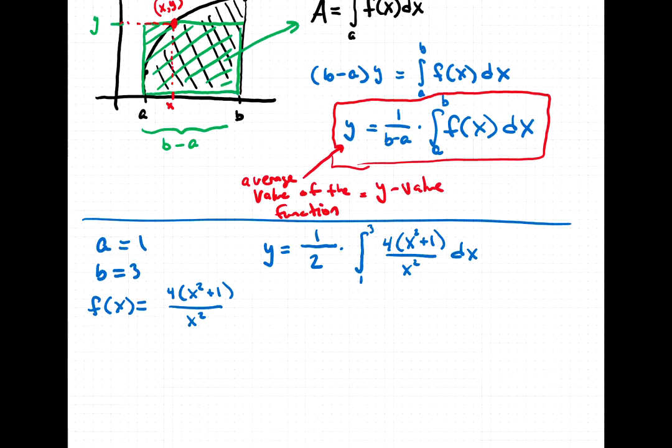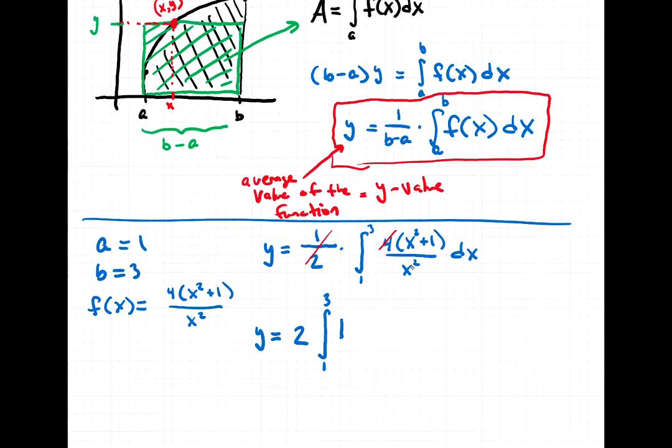Well, this 4 could come out front, so the 4 and the 1/2 becomes a 2. So we could say y equals, we have a 2 on the outside, integral from 1 to 3, and now the x squared over x squared equals 1.